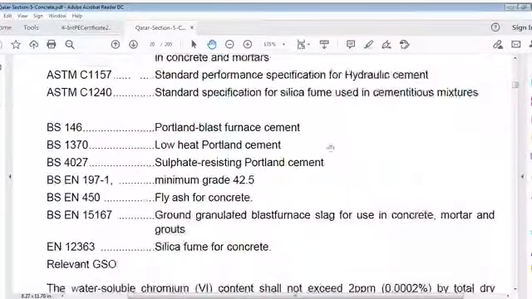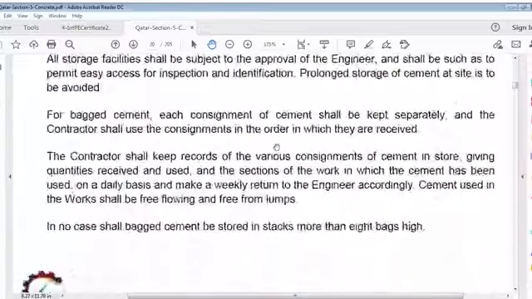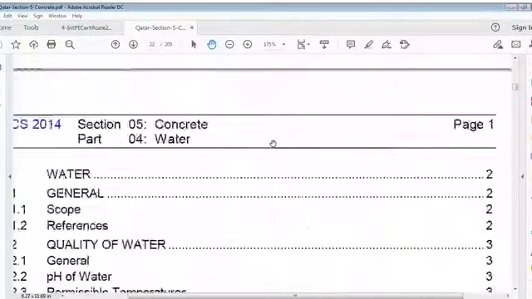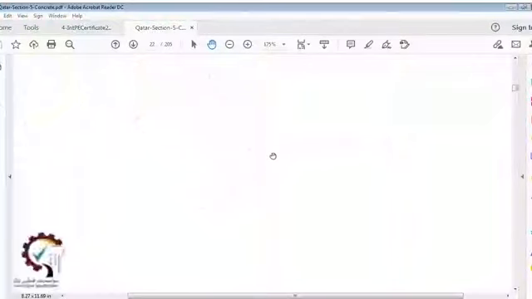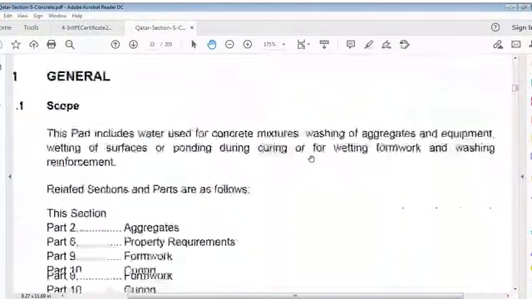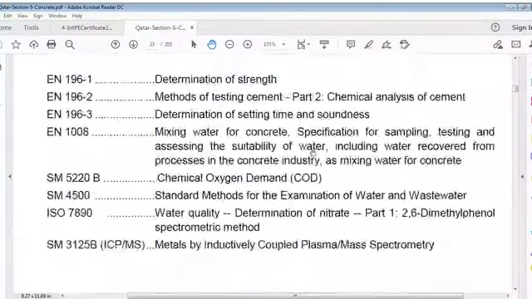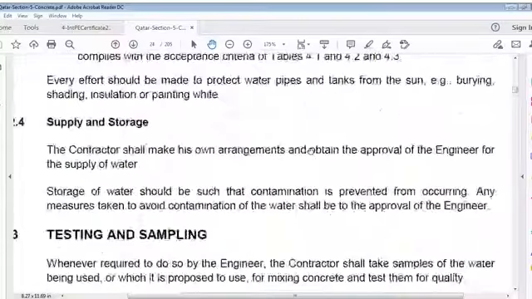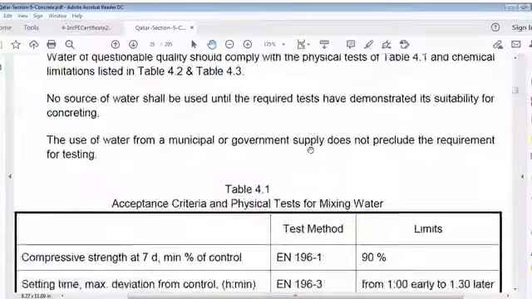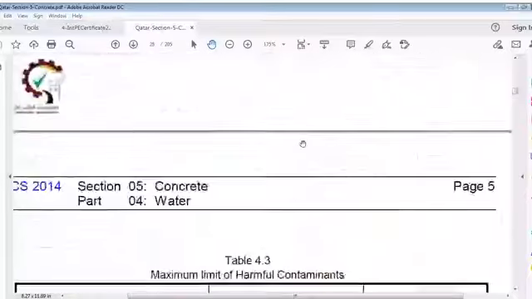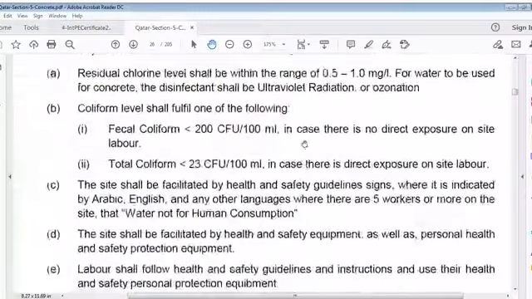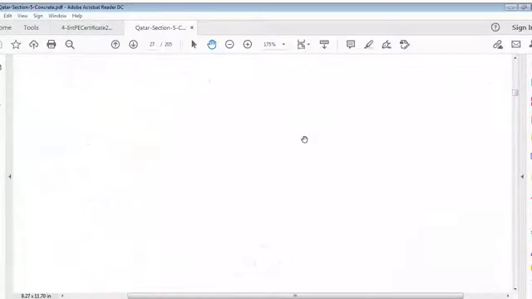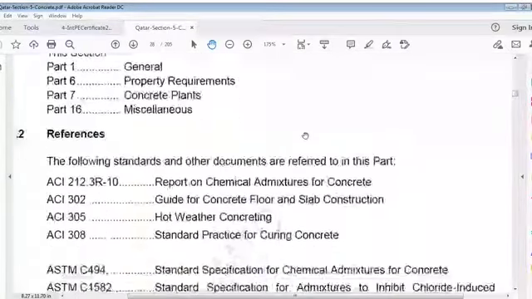It is self-reading, self-reliable. You can read yourself, or engineers. I'll just move on. I will talk of water and the very specific quality of water, pH, etc. We talked of that, and then we talked of admixtures at length.